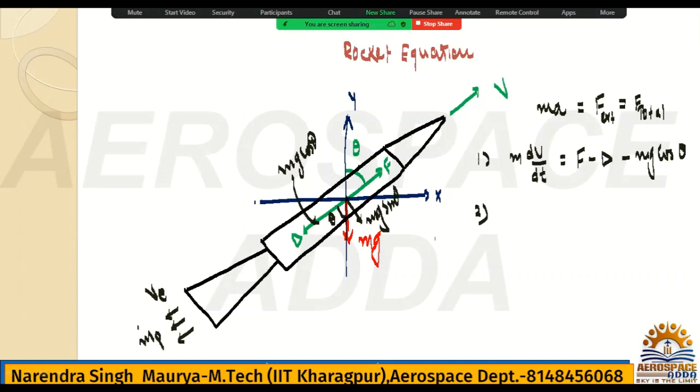Second equation I will write. So directly I am writing now. As you said, a direct equation you want, so better we'll write this directly, so that you get the dv by dt value.